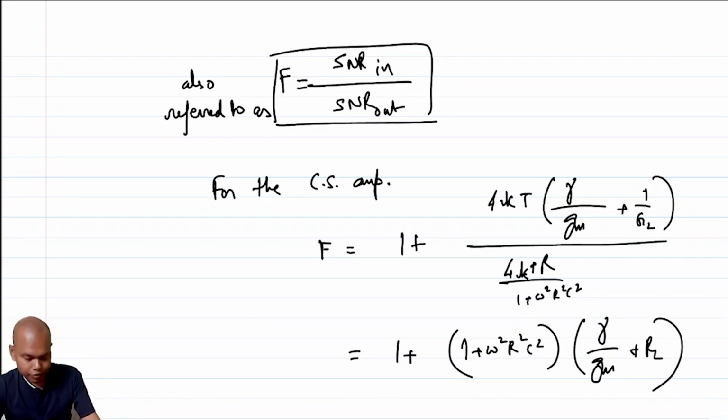Okay, at very low frequency, this term vanishes, right? You essentially get 1 plus gamma over Gm plus Rl.